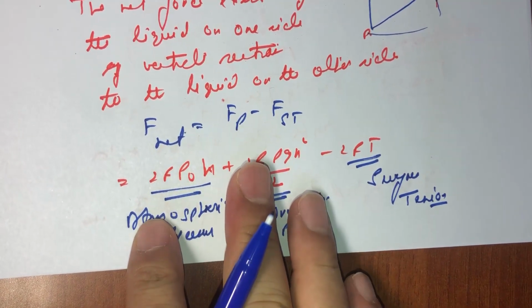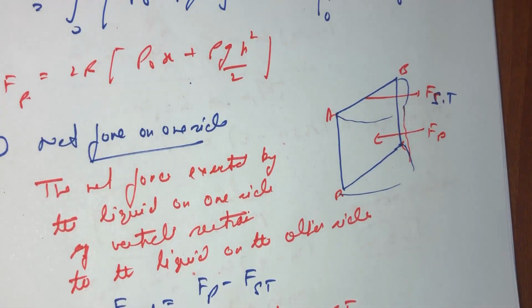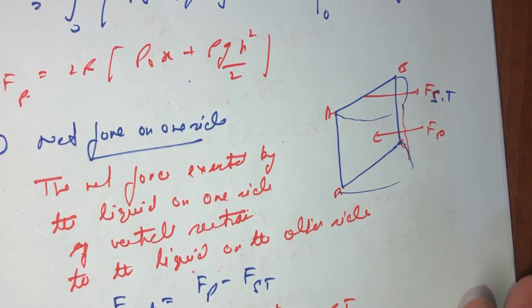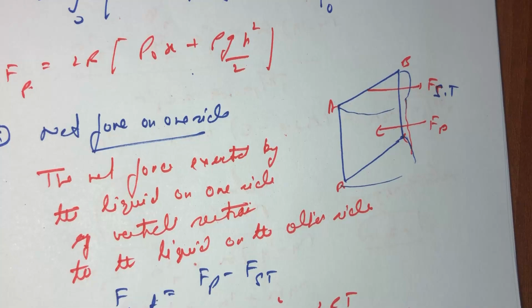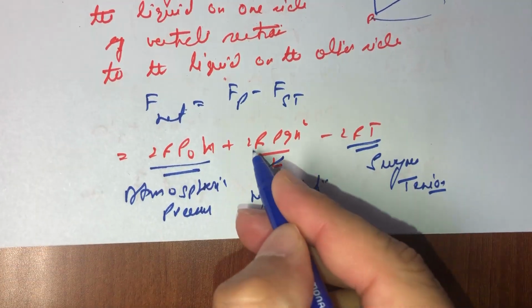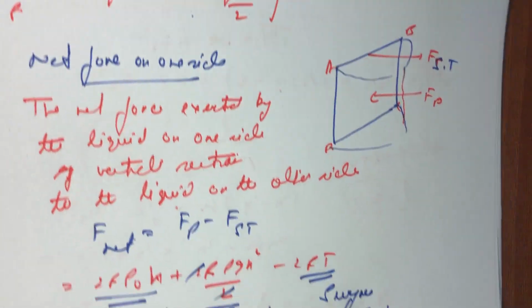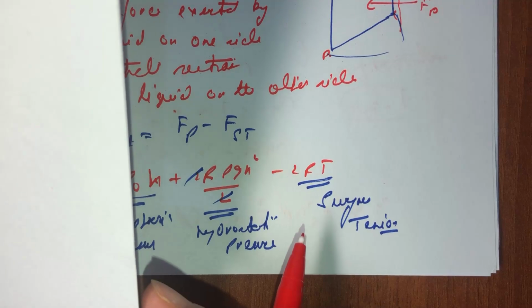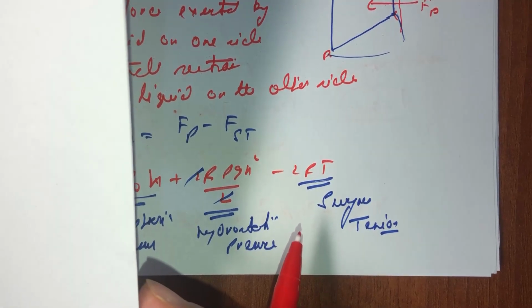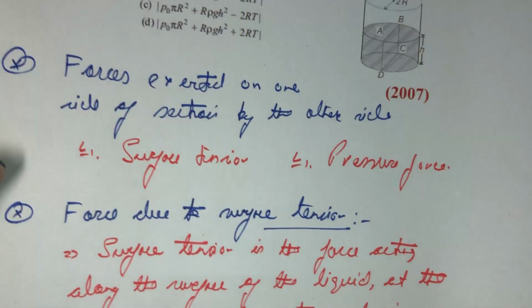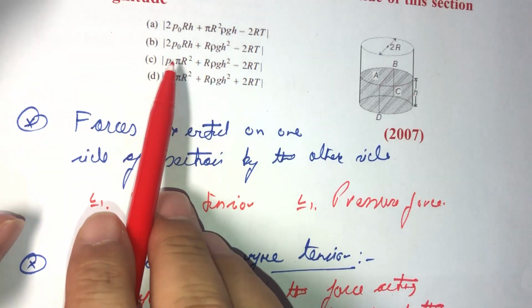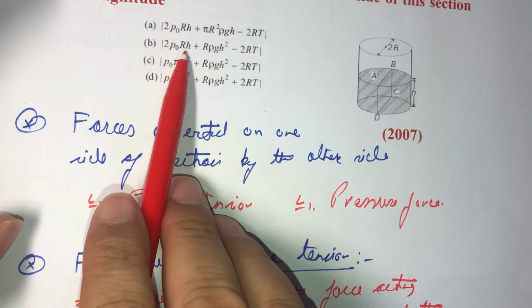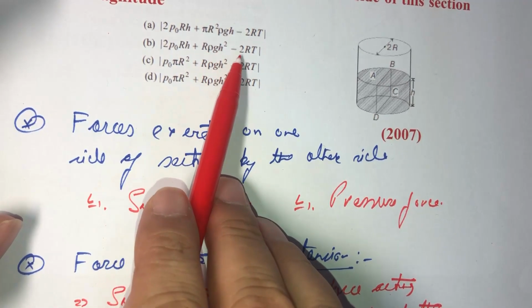And if we see the options available to us, oh, I forgot to cancel out 2, so this 2 goes away. The option available to us is option number B, because this is 2 P naught RH plus R rho GH square minus 2 of RT.